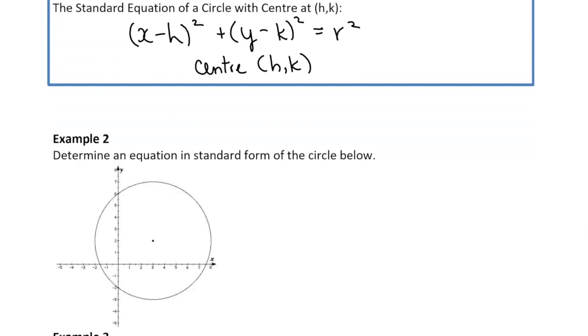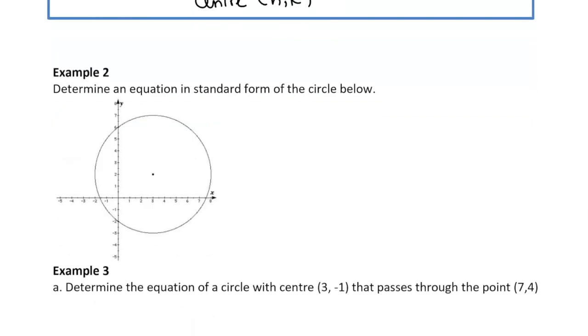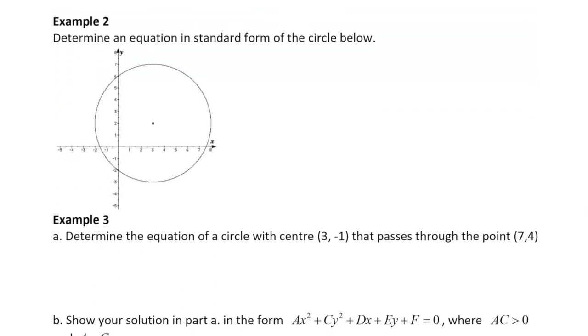So given something like that, let's see if we can figure out something where it would say determine an equation for this circle below, and it looks like the center here is at 3, 2. And not only is the center at 3, 2, let's see if we can find out anything more with it. Do we know the radius? It looks like it expands out over here, and it looks like that's right at 8.